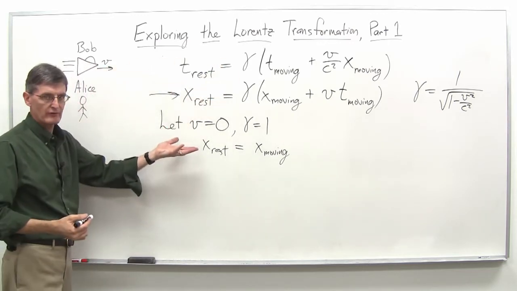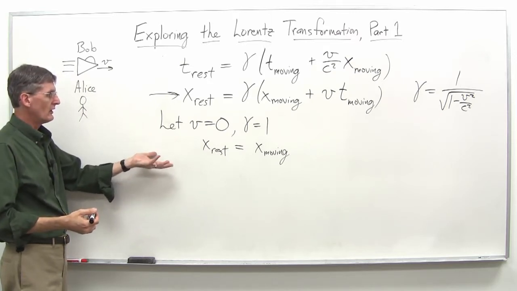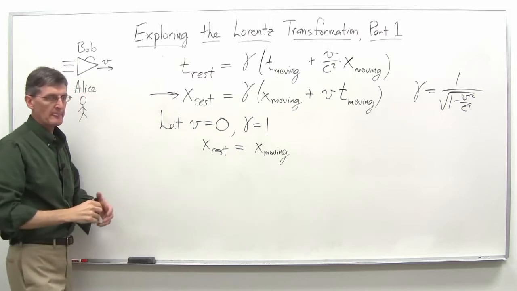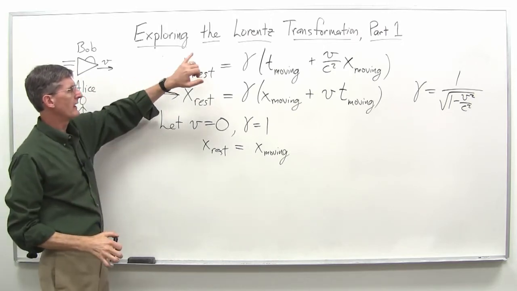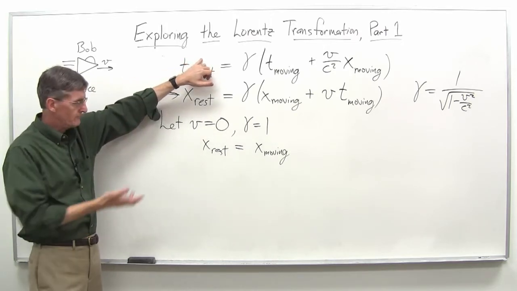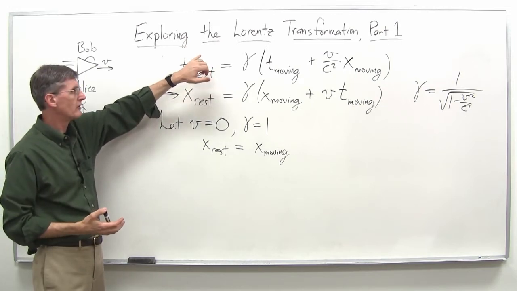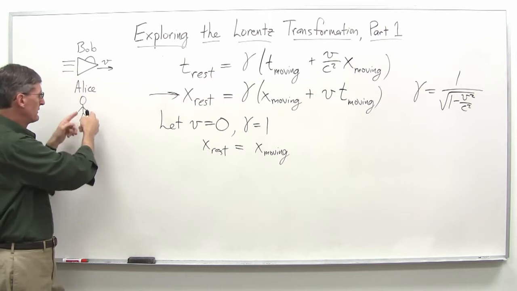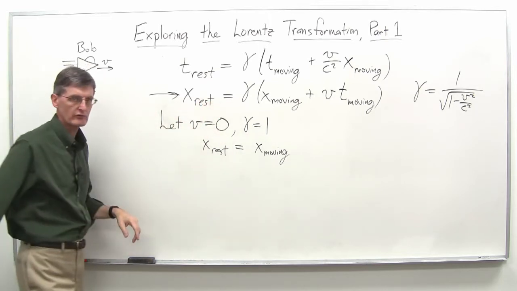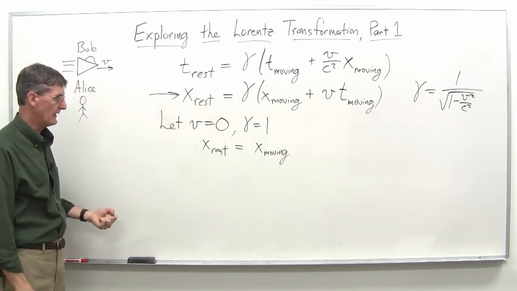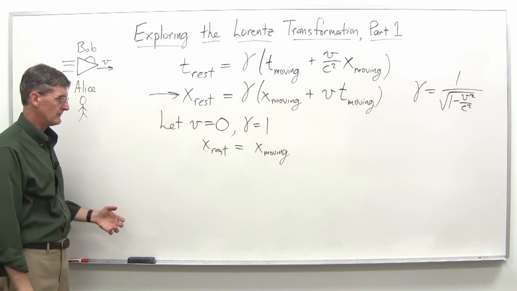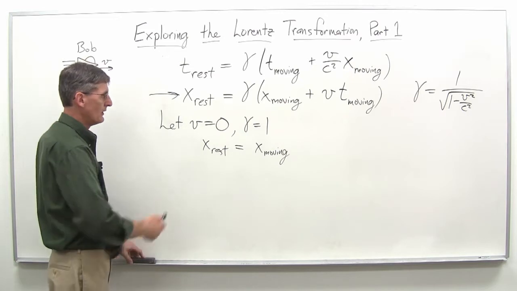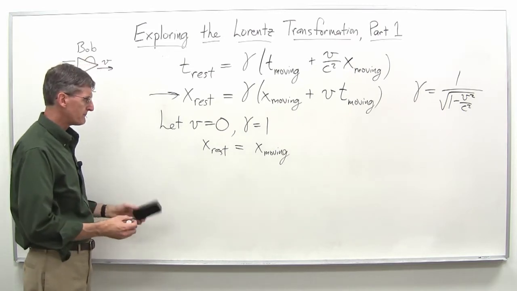If v is 0, they're not moving with respect to each other. So any measurement that Bob makes, say he sees something at x moving, in the moving frame, at 23.8, Alice would also see that on her system as 23.8. That's what this is telling us, and we hope we get this answer, otherwise something went wrong along the way. So that's one simple check we can do.